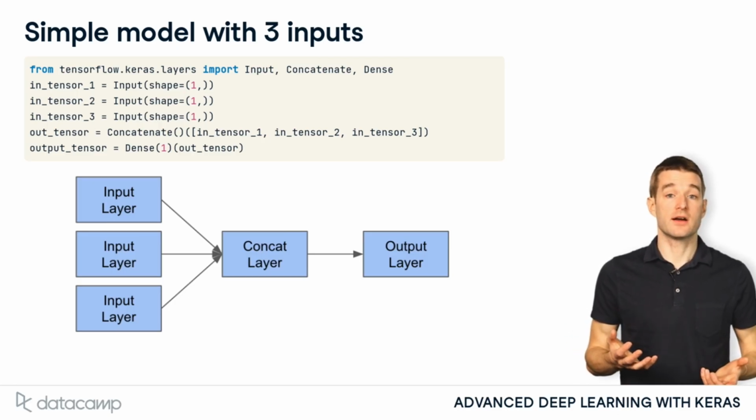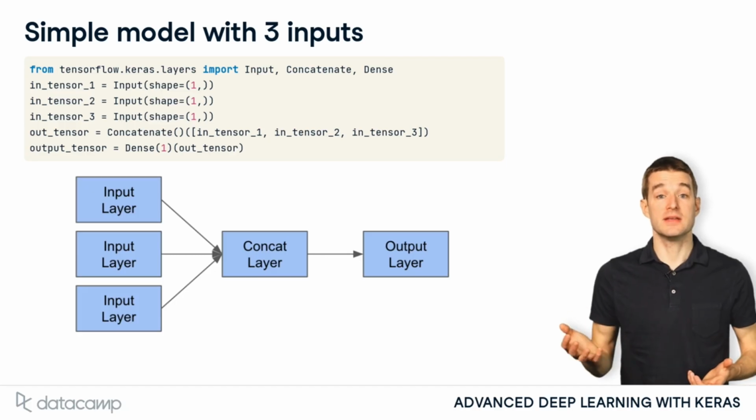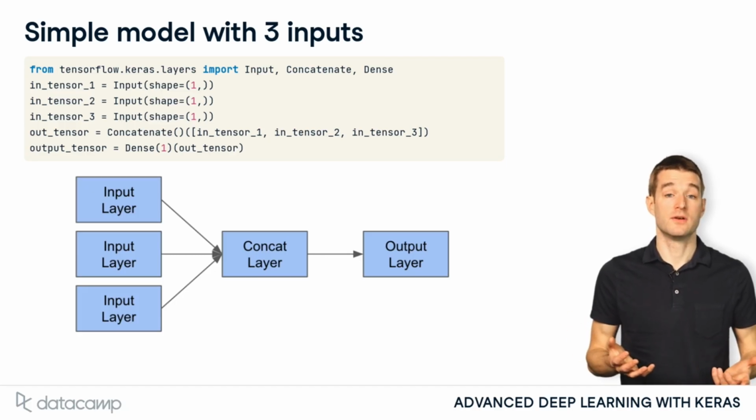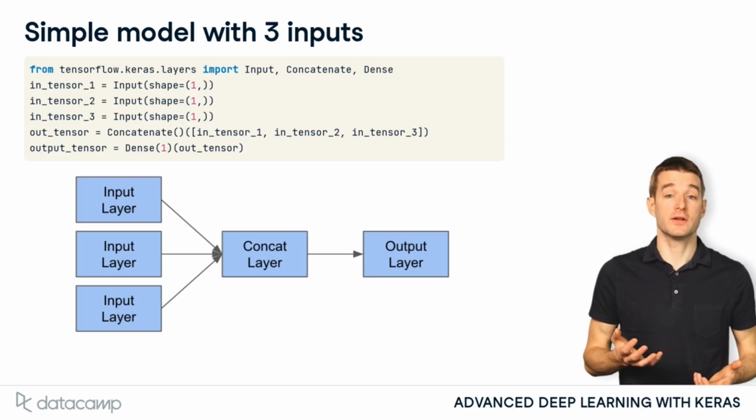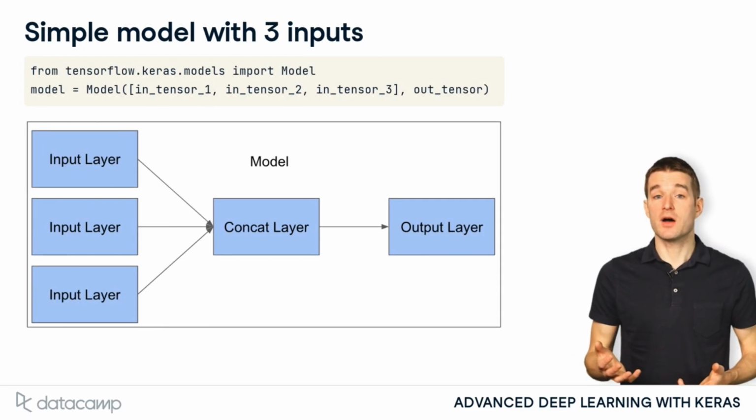In the concatenate layer, simply pass a list of 3 inputs rather than 2. Finally, add a dense layer to reduce the 3 inputs to a single output. When creating a model with 3 inputs, simply pass a list with 3 input layers and 1 output layer.